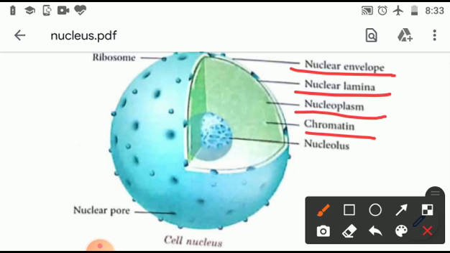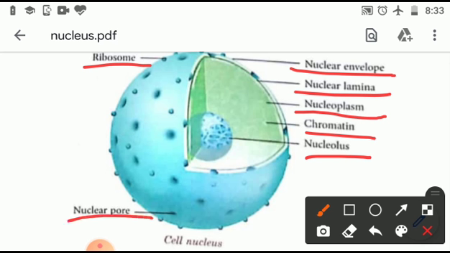This chromatin becomes thread-like structures during cell division, called chromosomes, and chromosomes carry genes. In the center we have the nucleolus, which helps in the formation of ribosomes. Here the ribosomes are there, the granule-like structures, and we also have the nuclear pore.